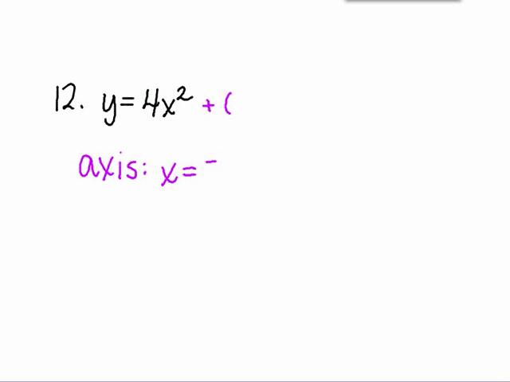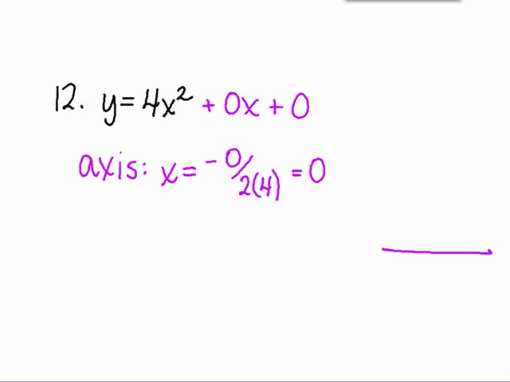If there's no b or no c, that is what you get. So I end up getting 0 over 2a. Well, what is 0 divided by anything? 0. So my axis is at 0, and people are like, what does that mean? It means that your axis is actually going to be the y-axis itself. So here's where your axis is going to be located.